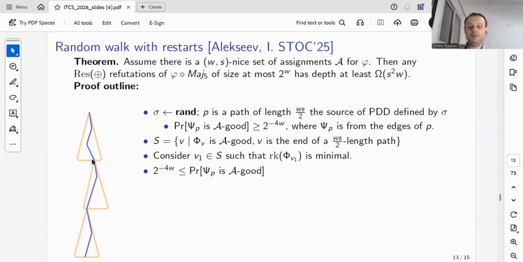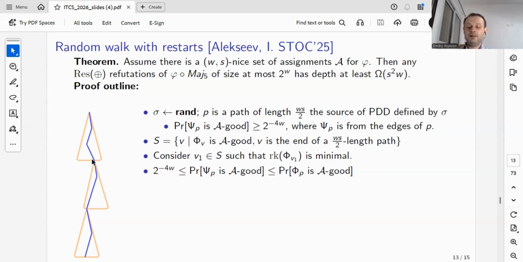We know that the probability that psi P is good is at least 2 to the minus 4W. This probability is at most the probability that phi P is good, where phi P is the linear system at the end of the path P. This is because, by the property of the parity decision dag, phi P is semantically implied by psi P.